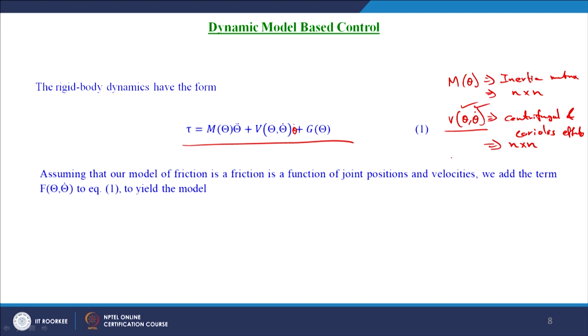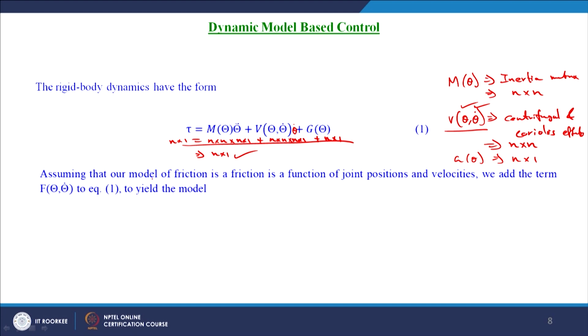And finally, G of theta is the gravity vector of size n cross 1. Thus, the left hand side will be n cross 1, which is equal to n cross n multiplied by n cross 1 plus n cross n multiplied by n cross 1 plus n cross 1, eventually giving n cross 1, which is the joint torque vector.